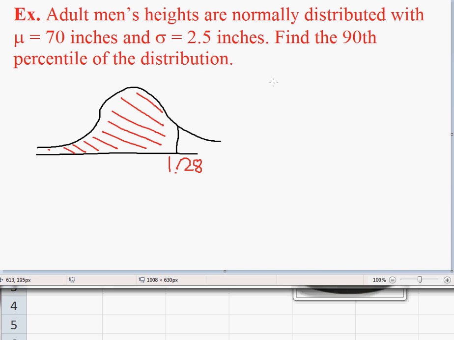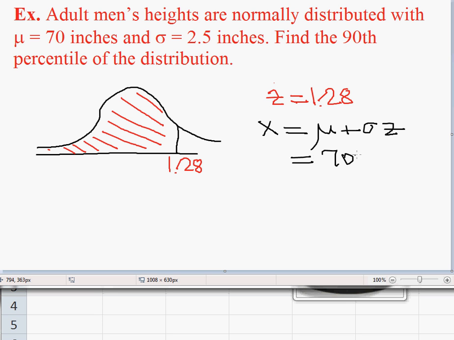So let me write that out here. The z-coordinate is 1.28. And I get that off the table, off Excel, or off the calculator. So the x-coordinate, when I convert from standard units to inches, is equal to mu plus sigma times z.